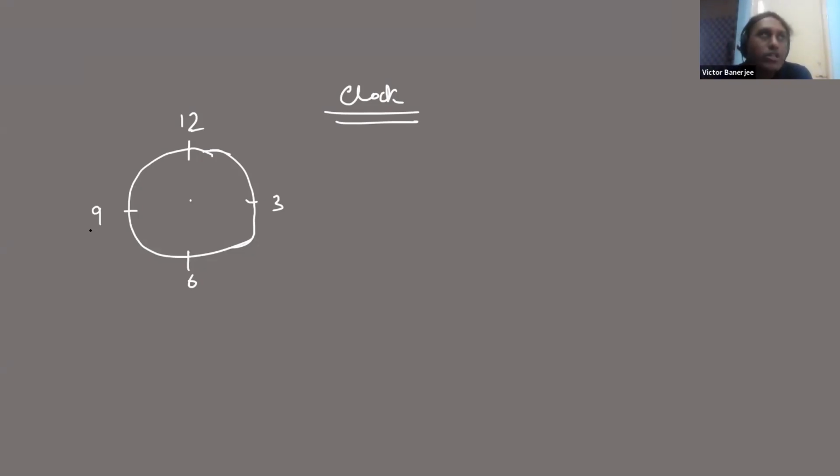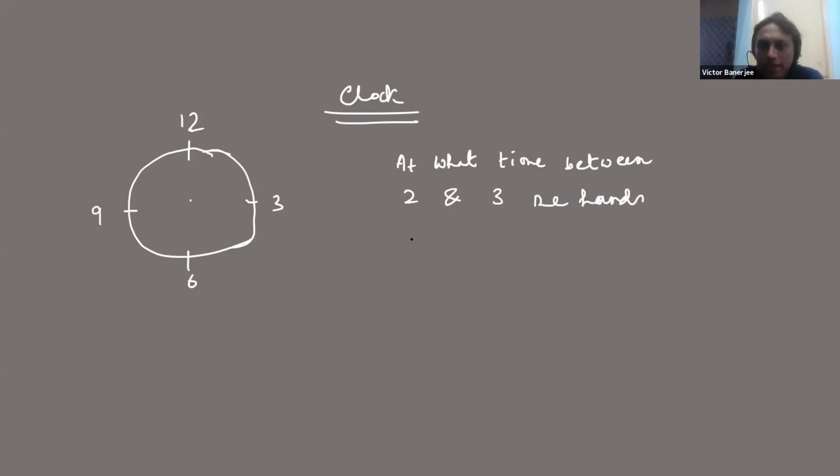Now, what type of question could they ask? First of all, then I'll explain the concept. The question will ask, let me take, at what time between 3 and 4, or say 2 and 3, the 2 hands of the clock will coincide.